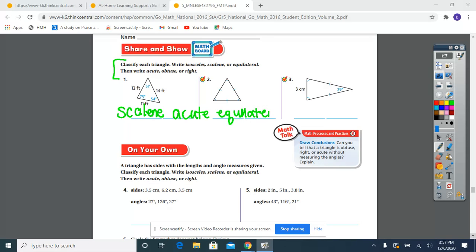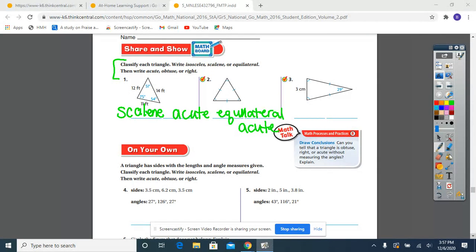Okay, and so now it also says that the angles are all 3 also congruent. Okay, they're all the same. Do you see a right angle on number 2's triangle? No. Do you see an obtuse angle on number 2's triangle? No. So this is also an acute triangle.